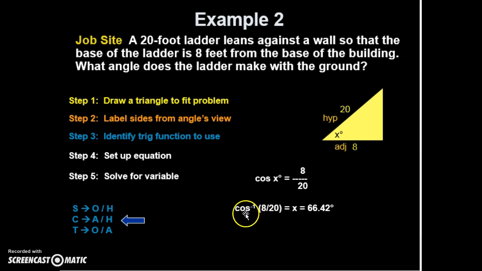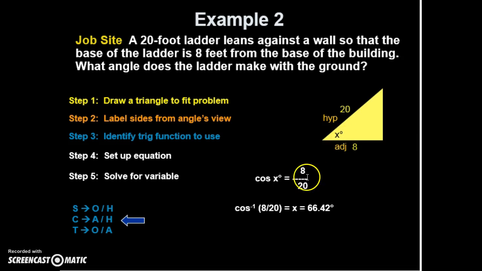This is where we have to get into the inverse functions. You have sine inverse, cosine inverse, and tangent inverse buttons. They're the second buttons above sine, cosine, and tangent on your TI calculator. If they want the angle measure, and they've given us adjacent and hypotenuse, that's cosine.